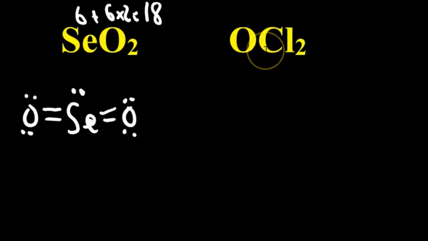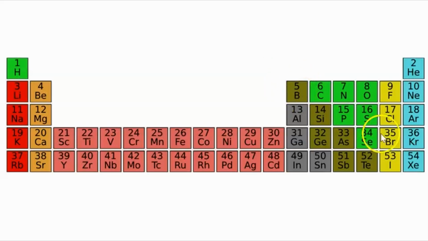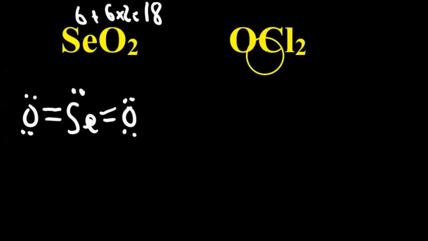Okay, for this one here, OCl2, this is a weird duck, right? Chlorine is less electronegative, so we would expect chlorine to be the central atom. And you may be able to write it with chlorine as the central atom. But let's say oxygen is the central atom here. It's singular and it's written to the left.